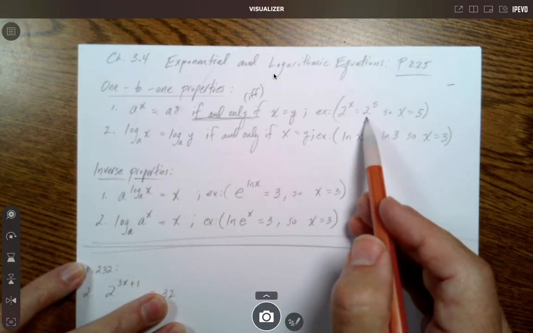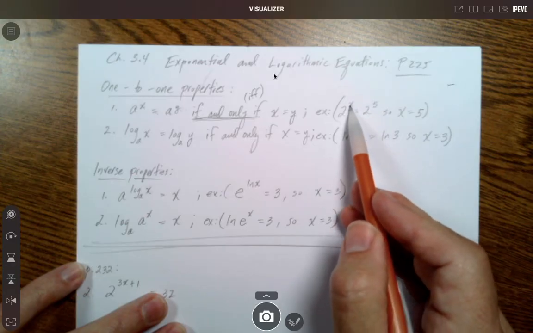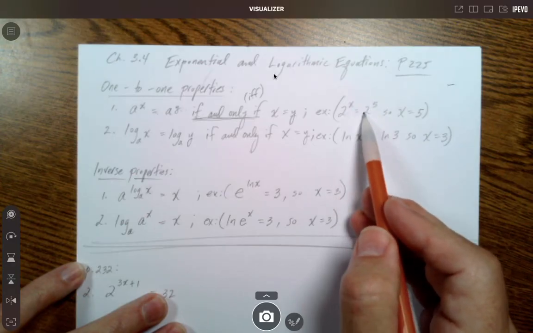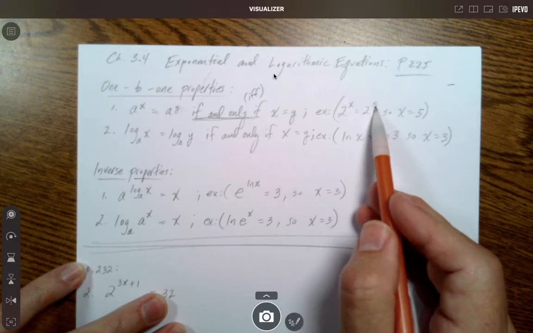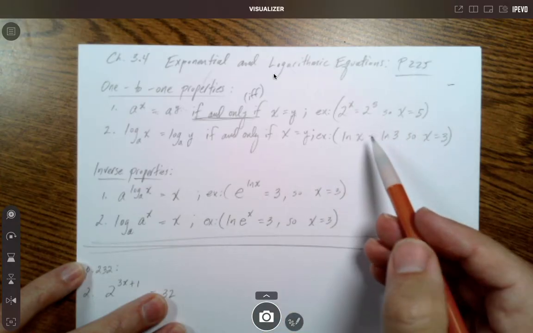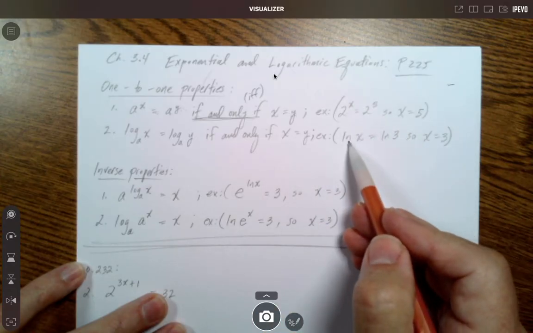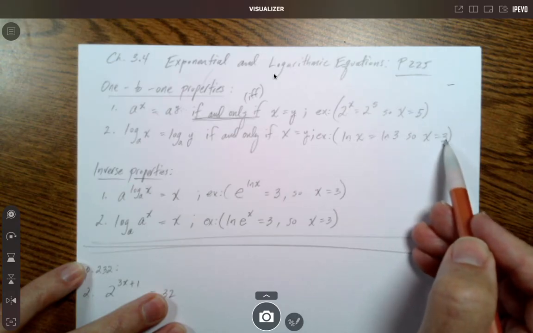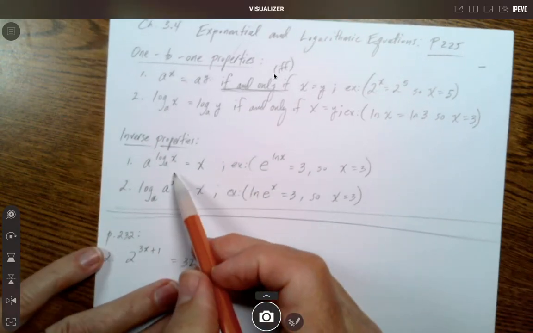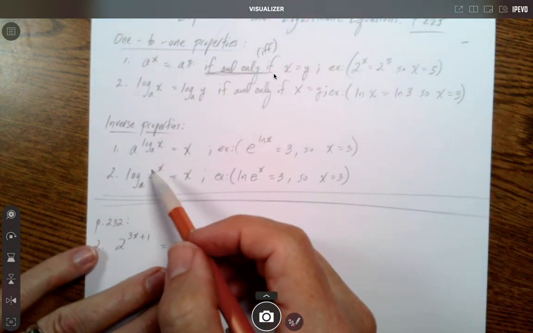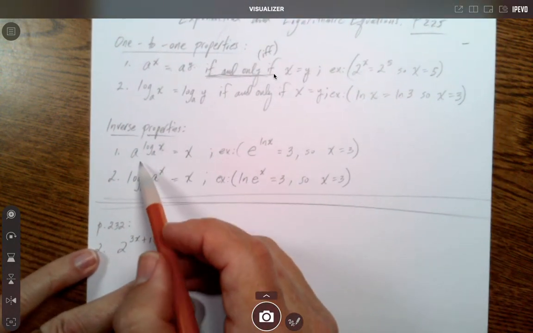Here's some examples for these. So for instance, 2 to the x equals 2 to the y. Since these bases are the same, then the exponents must also be the same. Same way here, your bases here are both e. ln means base e, so then x must be equal to 3. The inverse properties, we've already covered these in the last section.